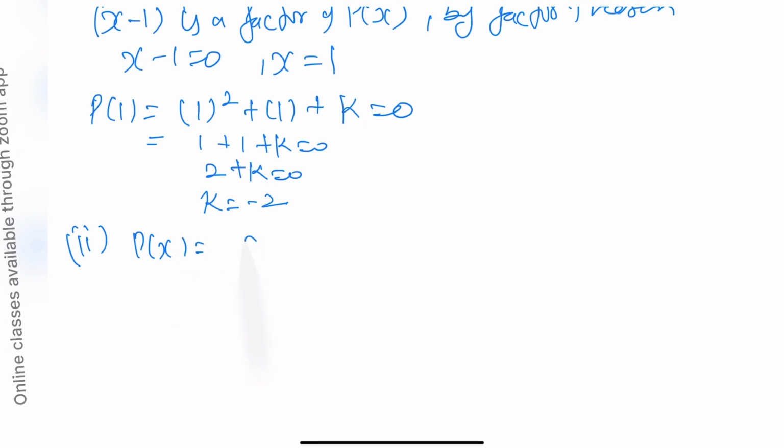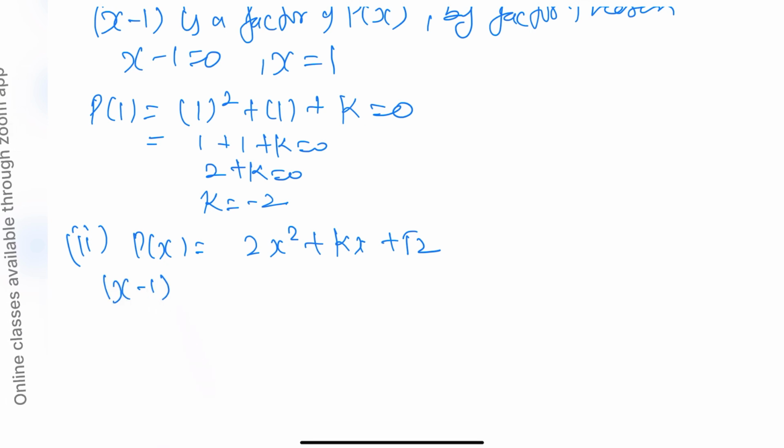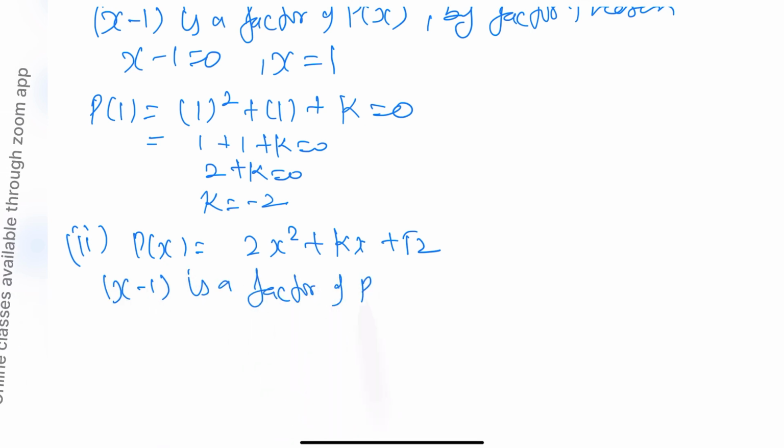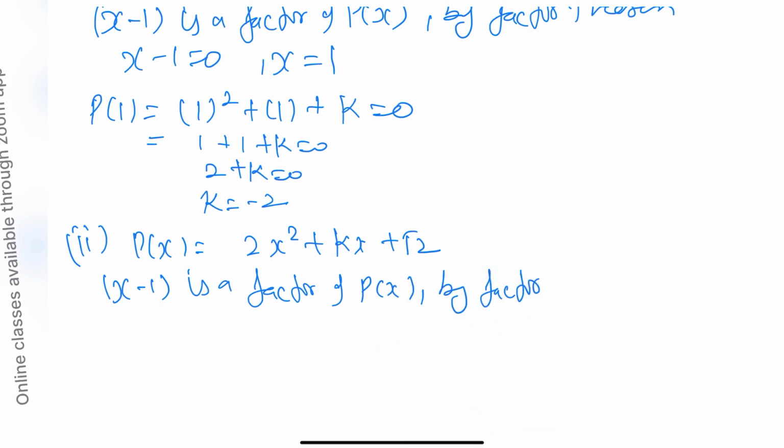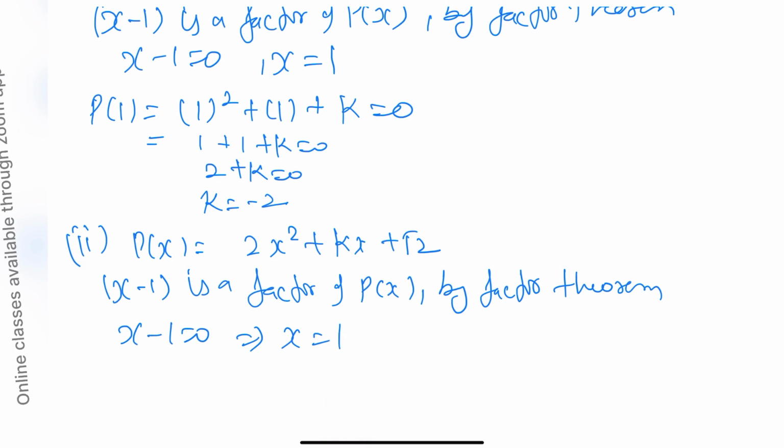Second part is p of x is equal to 2x square plus k x plus root 2. Now again x minus 1 is a factor of p of x. Then by factor theorem, x minus 1 is equal to 0 and x is equal to 1.